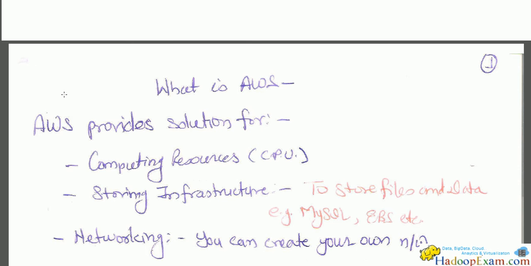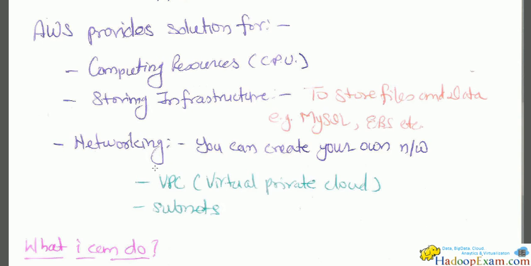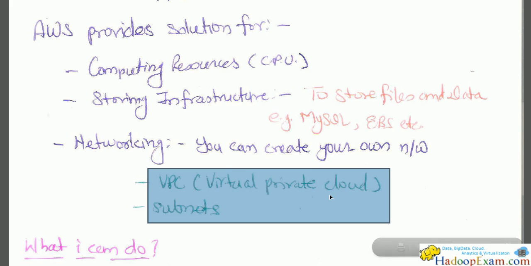And using the networking infrastructure, you will create the Virtual Private Cloud, VPC, and the subnet, which we will be covering as part of AWS. These are the things that would be created as part of the networking.